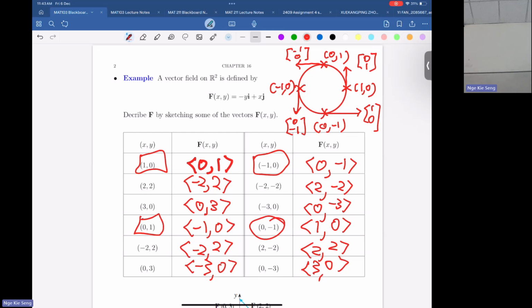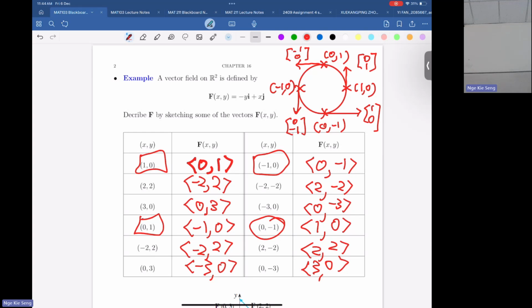For vectors, either we use the angle bracket for a row vector, or a square bracket for a column vector. Normally we just use a round bracket for a point. Obviously you can see it as a vector, but if you want to refer to it as a point, we use a round bracket.